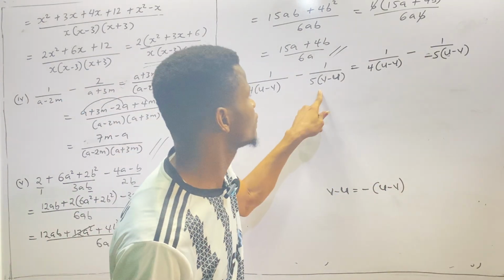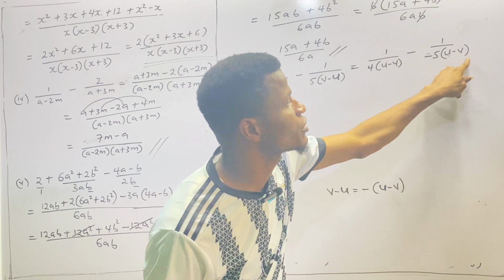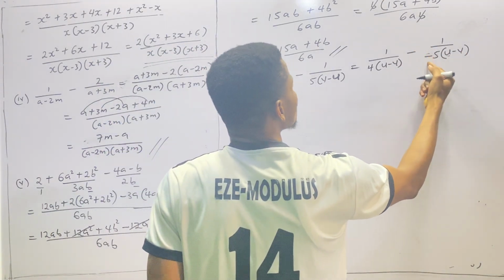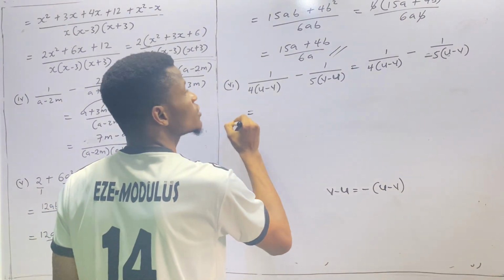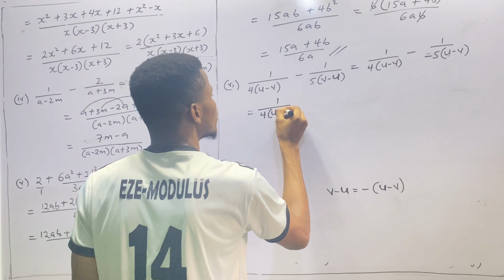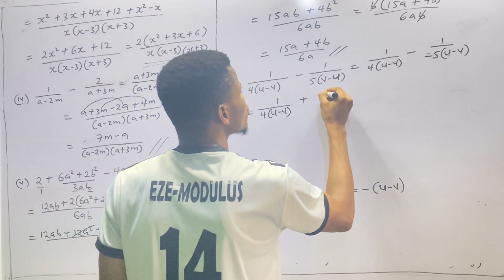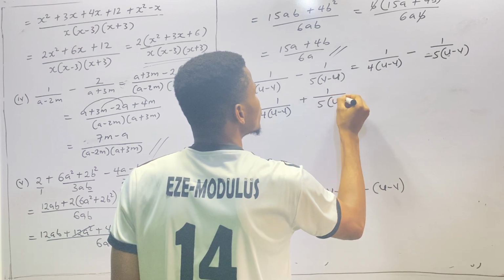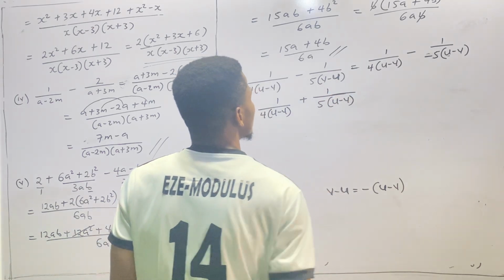So this is the 5, v minus u is sent as minus into u minus v. If we do that, we can carry the minus here. Minus minus is plus. So we'll be left with 1 over 4 into u minus v plus 1 over 5 into u minus v. All right?